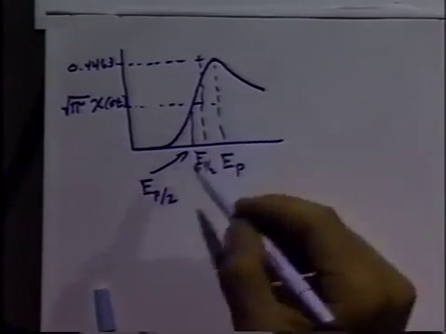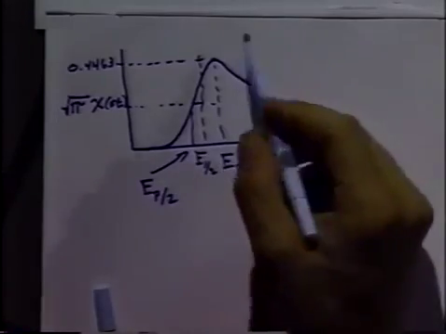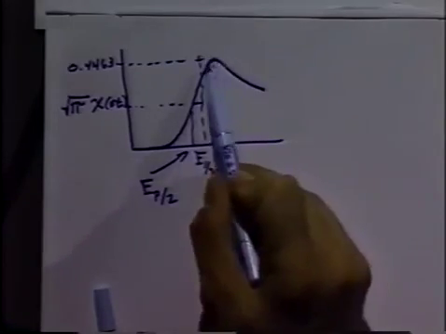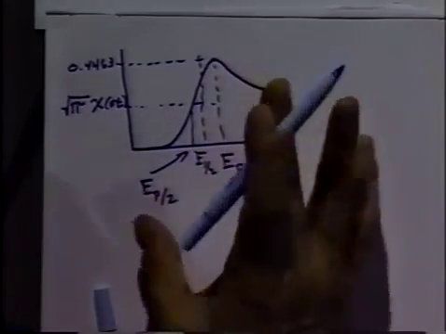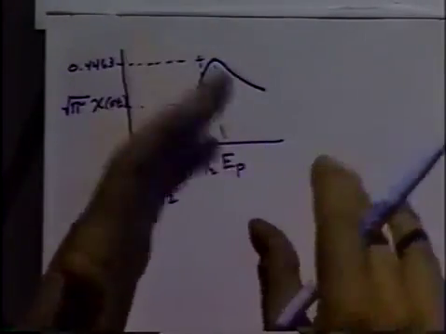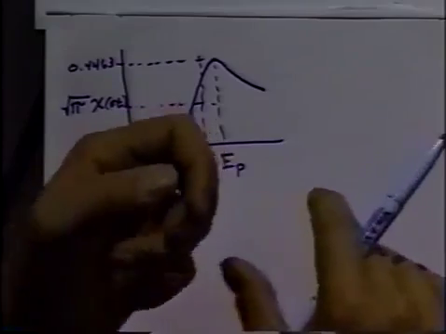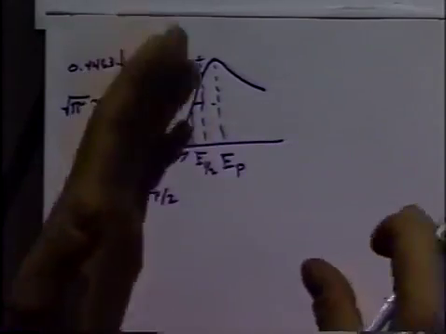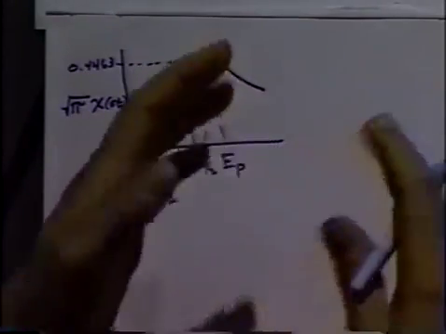The reason sometimes people are interested in the half peak potential is that it turns out that the peak here is pretty broad. It's not ill-defined, but it's broad enough so that there's quite a bit of error in associating an actual value for the peak potential. It might be off by 2 millivolts or more.